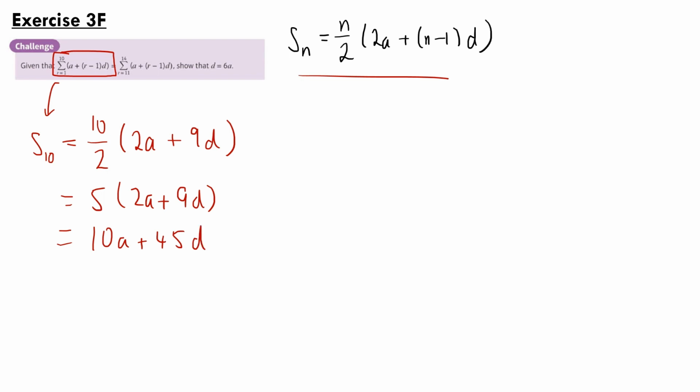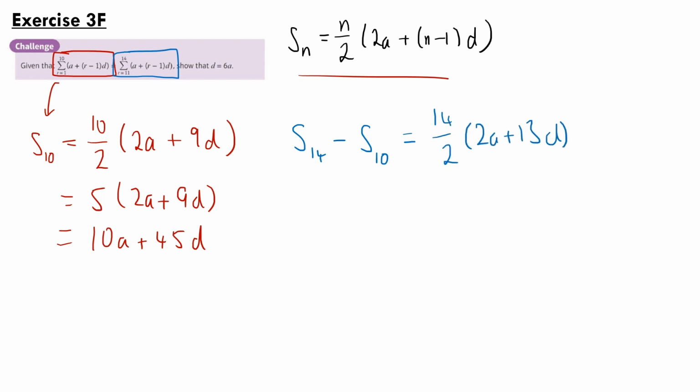Now for the second part of the equation, we're going to have to use two different summations and take the difference. So the sum from r equals 11 to 14 means we have to do the sum from 1 to 14 and take away the sum from 1 to 10 to leave us with 11 to 14. So this is going to be equal to 14 over 2 times 2a plus 13d.